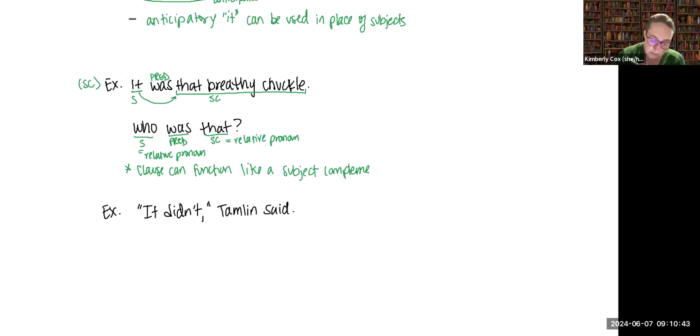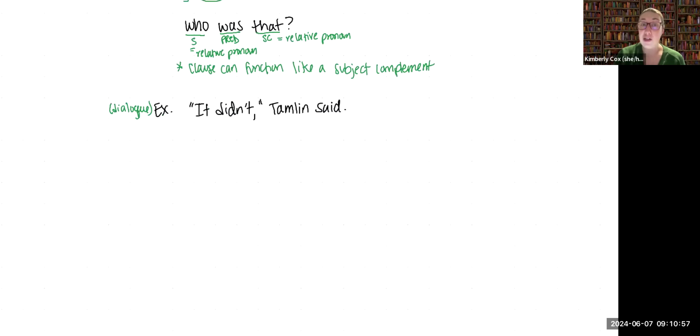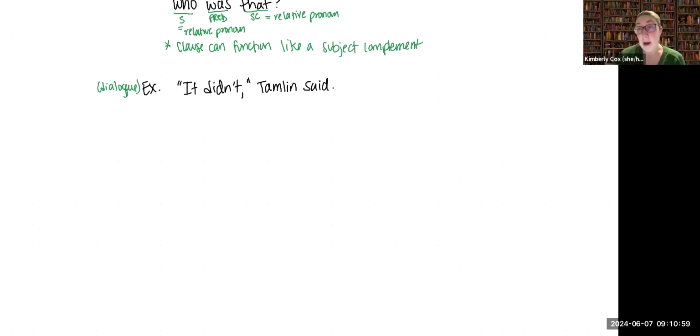The last thing I want to discuss is dialogue. Dialogue is weird, because grammatically speaking, sometimes we don't always know what to do with it, which I think is quite interesting. So I have "It didn't," Tamlin said. Let's talk about how dialogue functions in the sentence. Tamlin is the subject and said is the predicate.